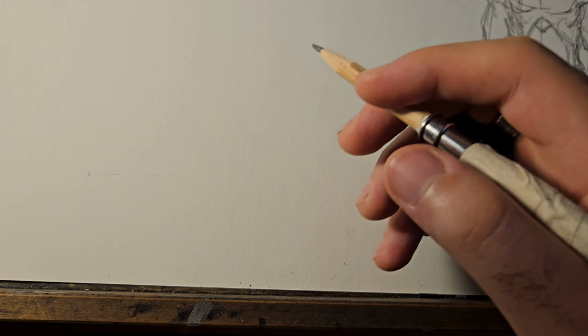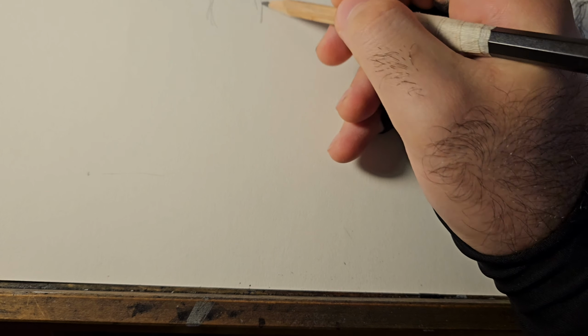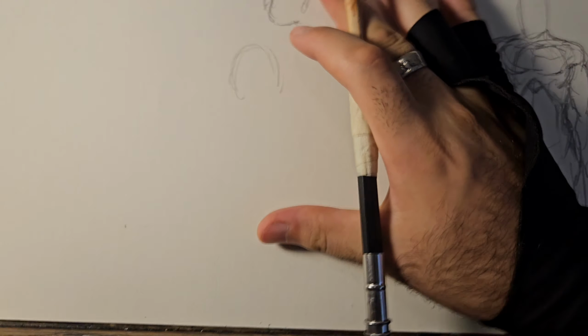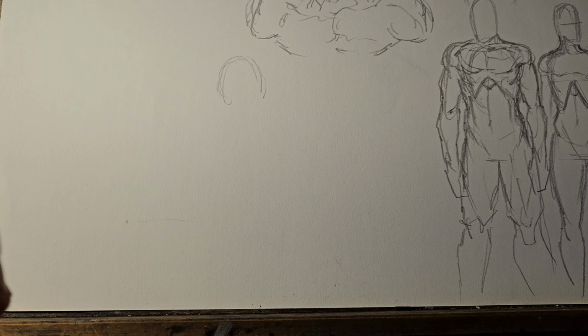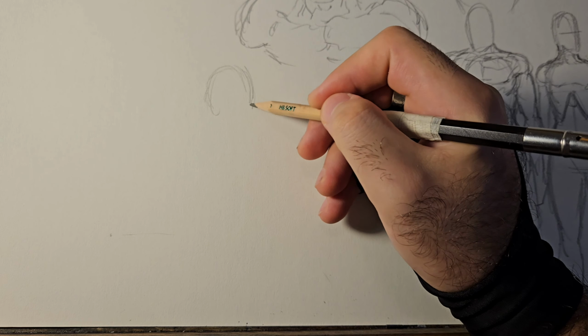So I'm going to draw a female figure, but I'm going to focus on, whoops, I should zoom out a bit. But yeah, I'll focus on the muscles this time, right?